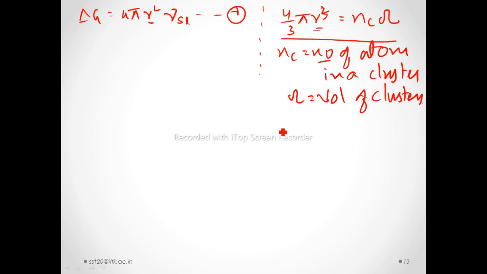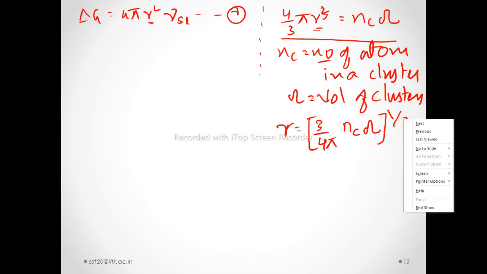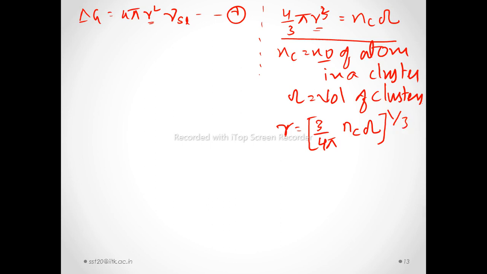So R can be given as 3 by 4 into pi, NC omega, whole to the power of 1 by 3. So substitute this R value in this equation.